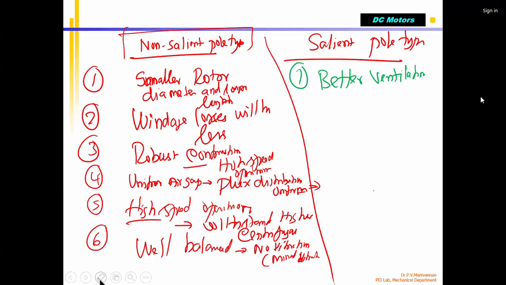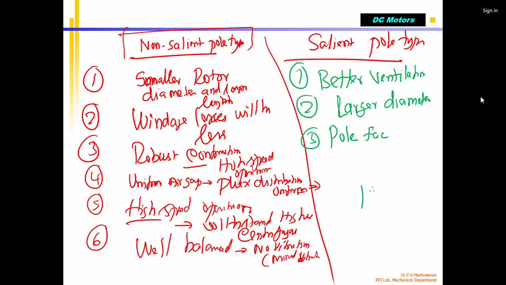And of course, it has a drawback. It will be a larger diameter. Right? The motor size will be larger because of the poles. Then the third one is the field faces. The projection is what they call the field face, correct?